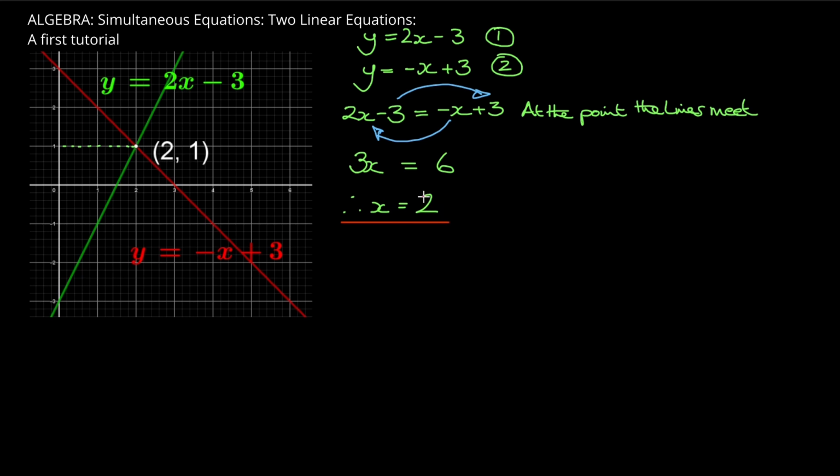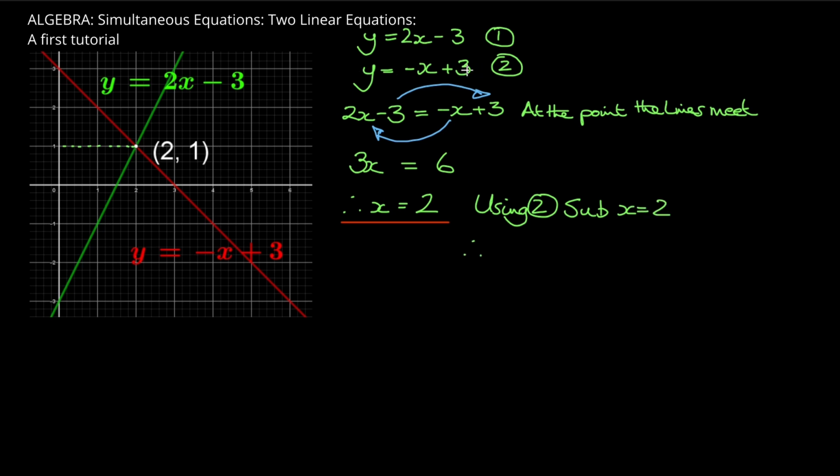Now, having got this value of 2, I can pop this into either equation because either equation would give us the corresponding y value, a value of 1 we expect. Choose either one. I'm going to choose equation 2. So you see the advantage of labeling these equations because you're telling the examiner exactly what you're up to. Using 2, sub x is equal to 2.